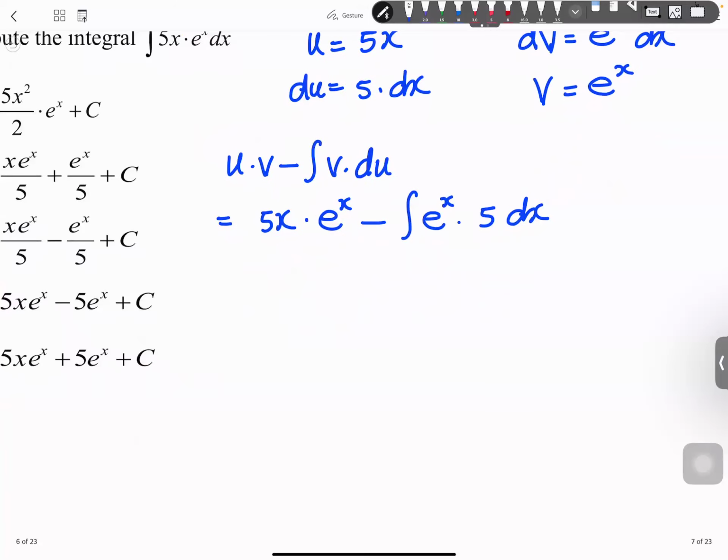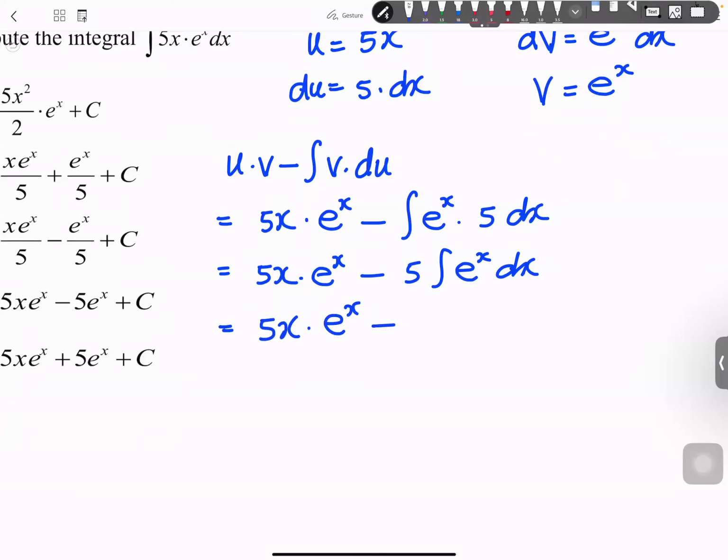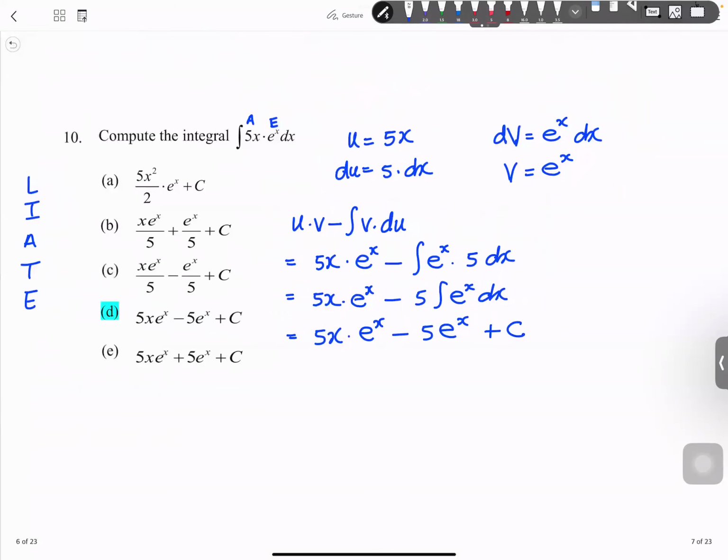If you want to clean it up first, you can. You don't have to. I'll go ahead and show that I'm just factoring out the 5. And then I can go ahead and integrate. So this will be 5x times e to the x minus 5 times e to the x plus C. So the answer that matches here is answer B.